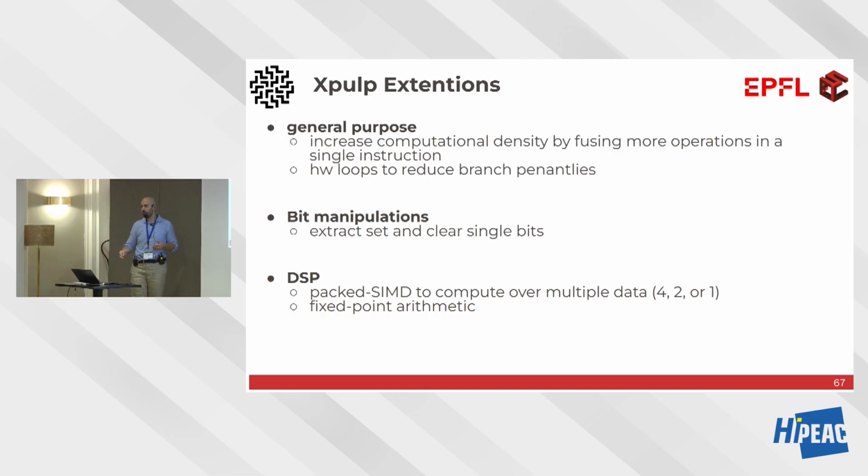That is two operations, so these are instructions that fuse these things together. Or set to 1 the bit number 28 of this register: you put 1, shift by 28, and then do the OR. Like this, you fuse it into one. And finally, you have the ones that matter the most for our domain, the digital signal processing ones.